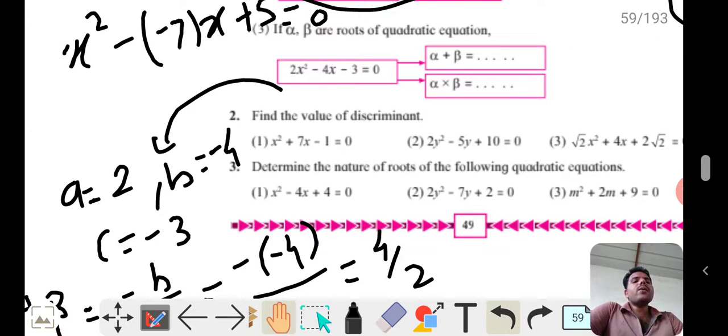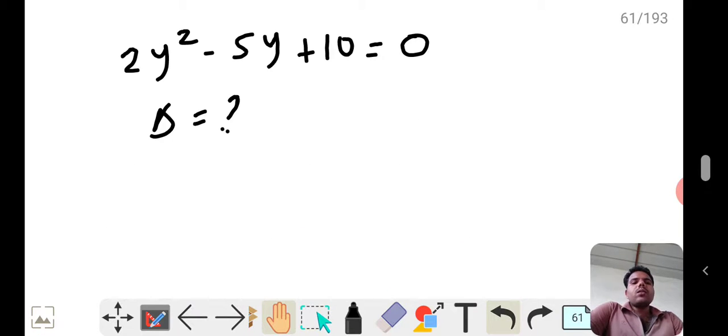So what is the value of discriminant? The discriminant delta is equal to b square minus 4ac. We are going to see how to find the value of discriminant for the second example: 2y square minus 5y plus 10 is equal to 0.